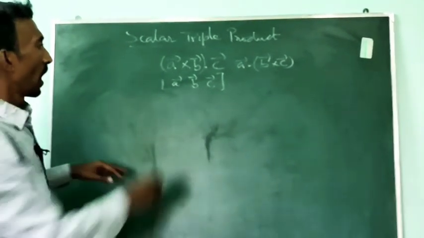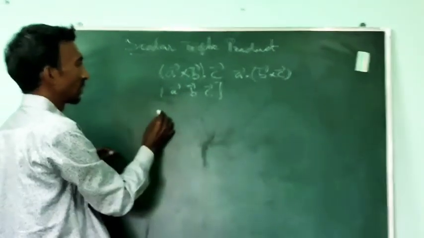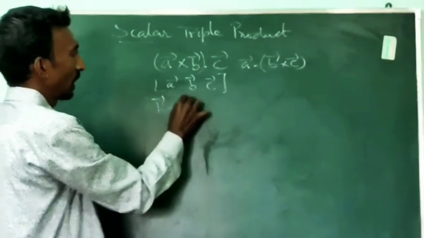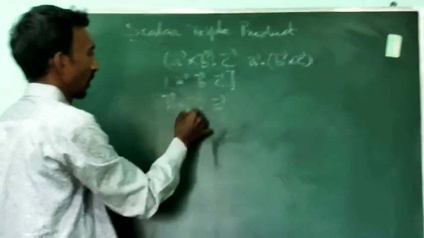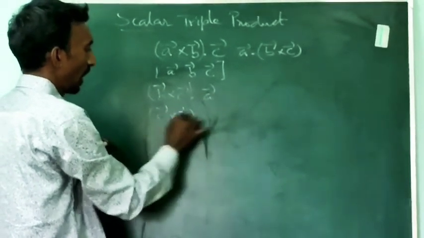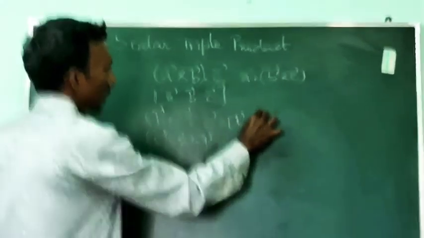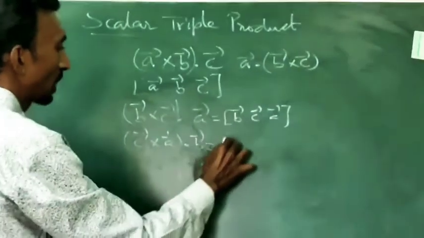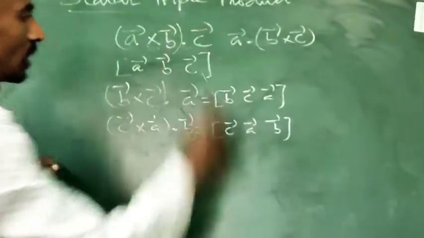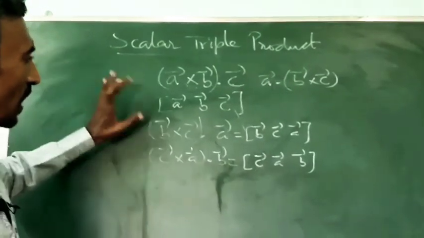And if it is in the cyclic order, A cross B dot C, similarly B cross C dot A, or C cross A dot B. So it is box BCA, so it is box CAB. All the three are equal because it is in the cyclic order. We can represent it in any way, all the three are equal.